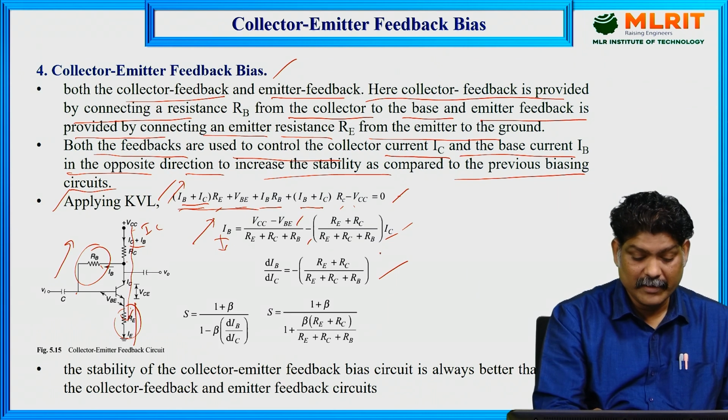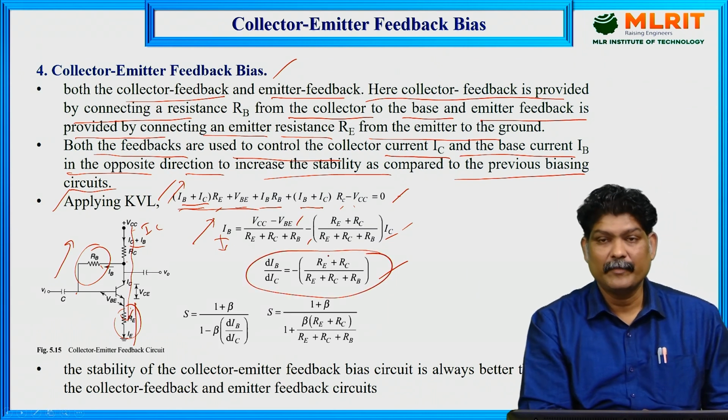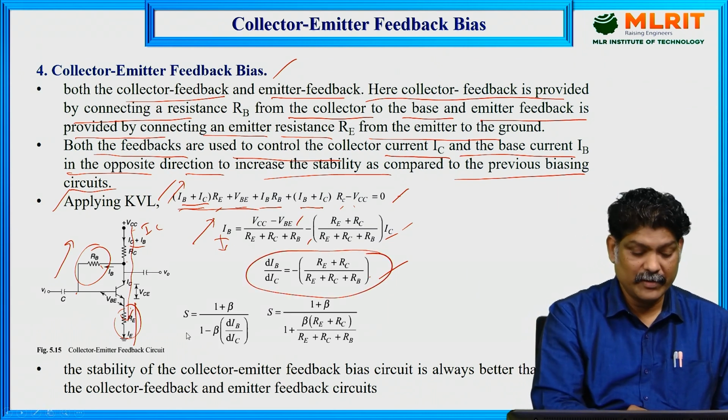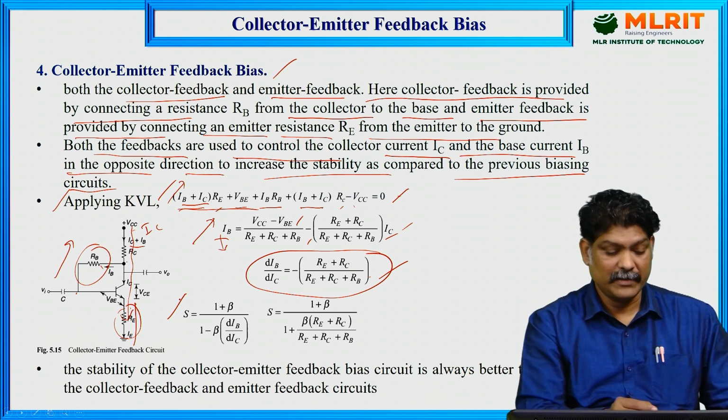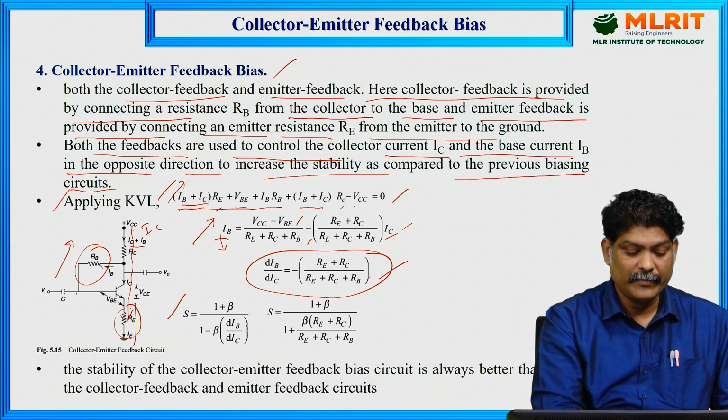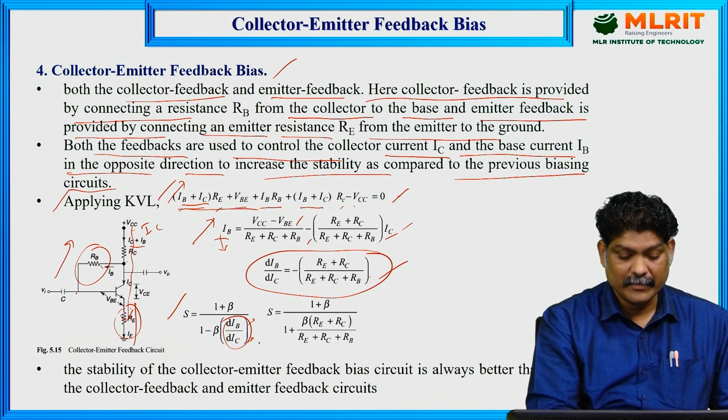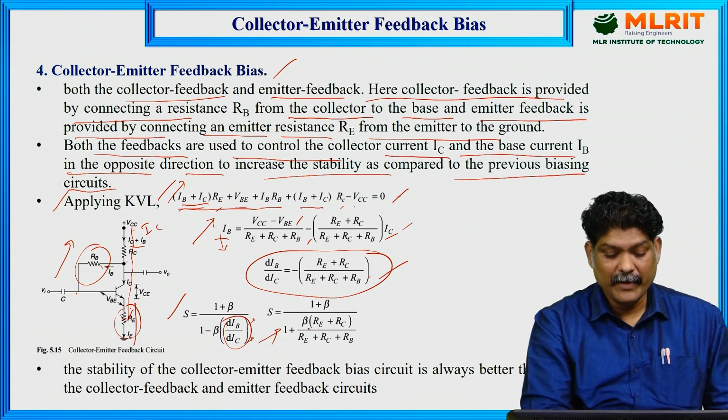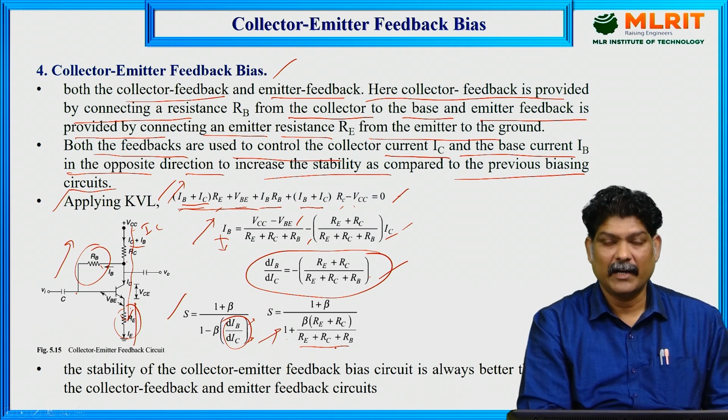This is your dIB by dIC. Now let us substitute in the stability factor expression: (1 plus beta) by (1 minus beta dIB by dIC). So dIB by dIC gives S equals (1 plus beta)(RE plus RC) by (RE plus RC plus RB).